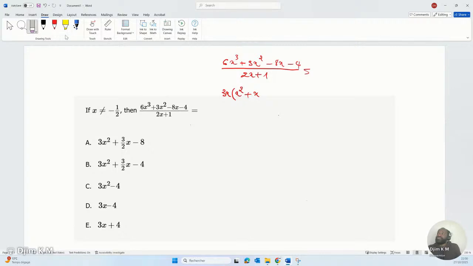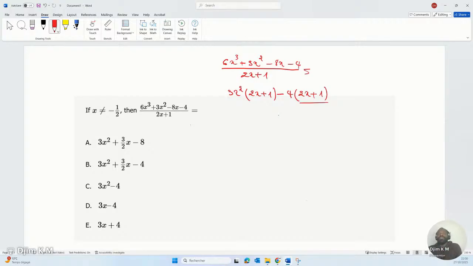Now, or if we say x squared, okay, so we say 3x squared to x plus 1 minus 4 to x plus 1, like this.